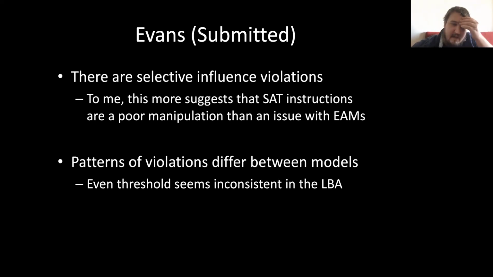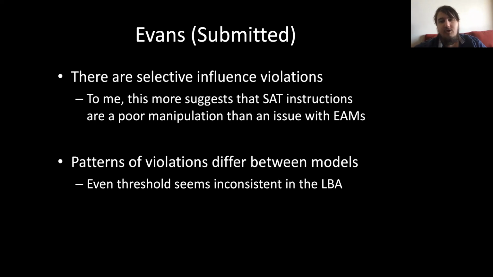And so for me, there's two takeaway messages from this. There do appear to be selective influence violations, but I am hesitant to say there's an issue with the models, because I just don't think instructing people is always going to do what you think it's going to do. If you instruct people to be faster at the task, they could just start pressing buttons fast, trying to motor respond as quickly as possible.